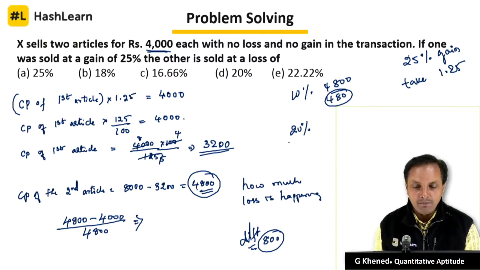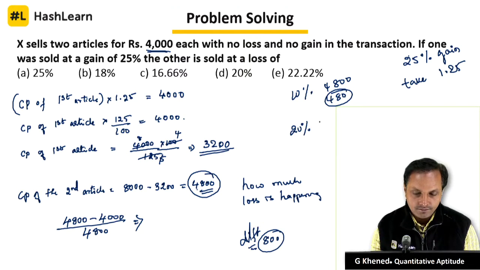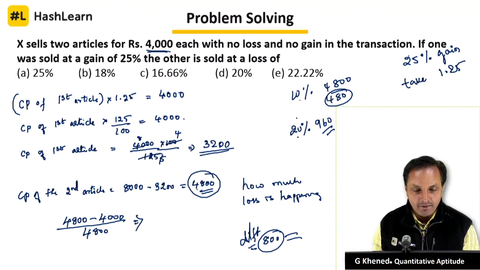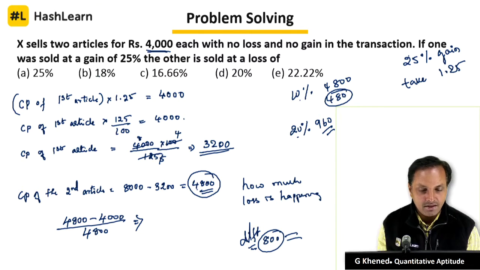Your 20% will be 960 rupees. So 10% is 480, 20% is 960. Where will your 800 be? It will be just behind 20. Is it 18% or 16%?